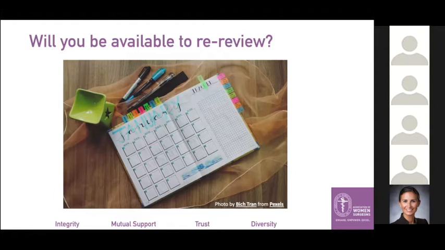The next item is, will you be available for re-review? Oftentimes, in fact the majority of the time, manuscripts will not get accepted on the first go-around. But if they get ranked high enough by the multiple reviewers, it will often come back to you as an original reviewer to re-review, to see if your feedback and the feedback of the other reviewers was properly incorporated.